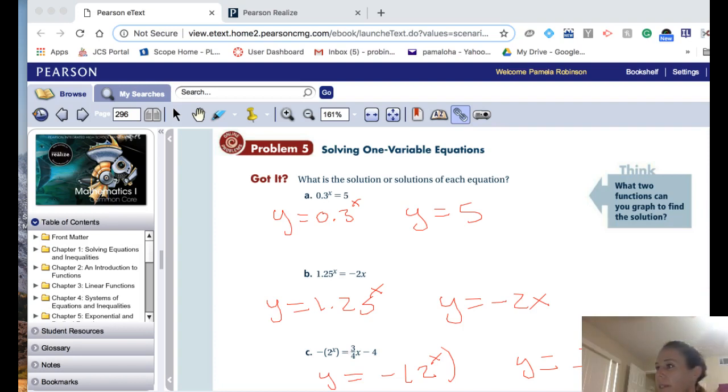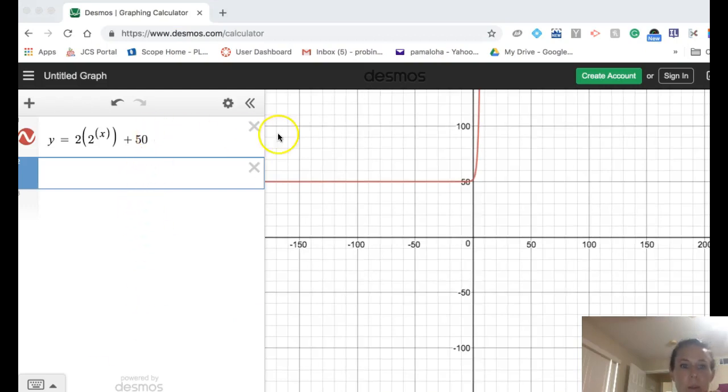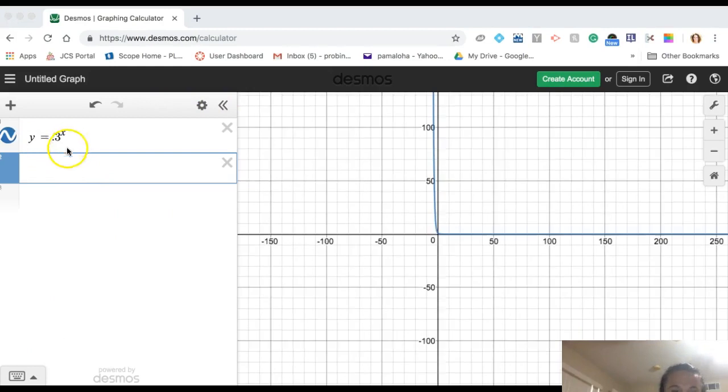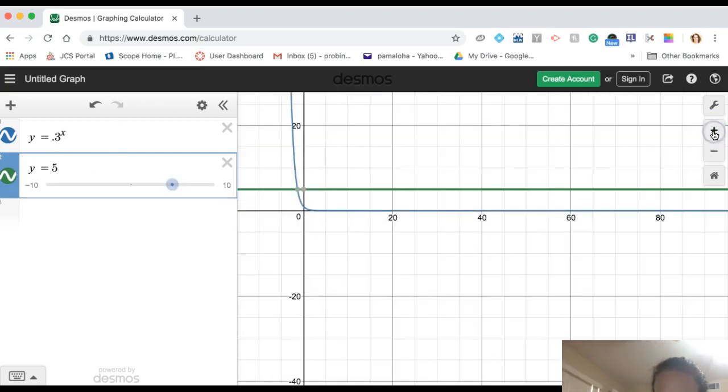Let's pull a couple up on Desmos real quick. I'm going to pull that back over, and let's go ahead and graph that. Okay, let me plug them in real quick. So here I got y equals 0.3 to the x for part A on the Got It number 5, and then I'm going to type in y equals 5. So there are my two graphs, and where they intersect right there will be the solution.